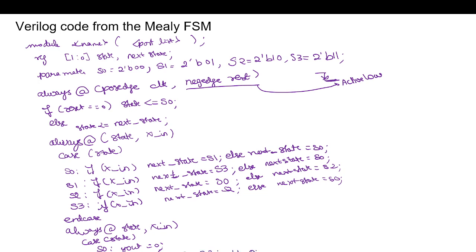My output will depend on the state as well as on the X, the input. So in case of Mealy model, this is a Verilog code for the Mealy FSM, one of the state.